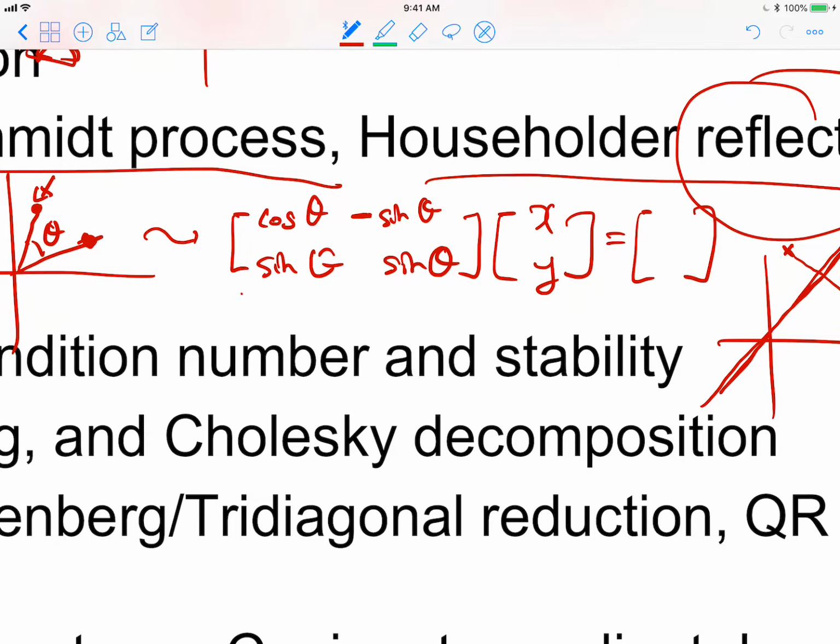Do you know about the high dimensional generalization of this rotation matrix? What will be the rotation matrix in more than two-dimensional space?